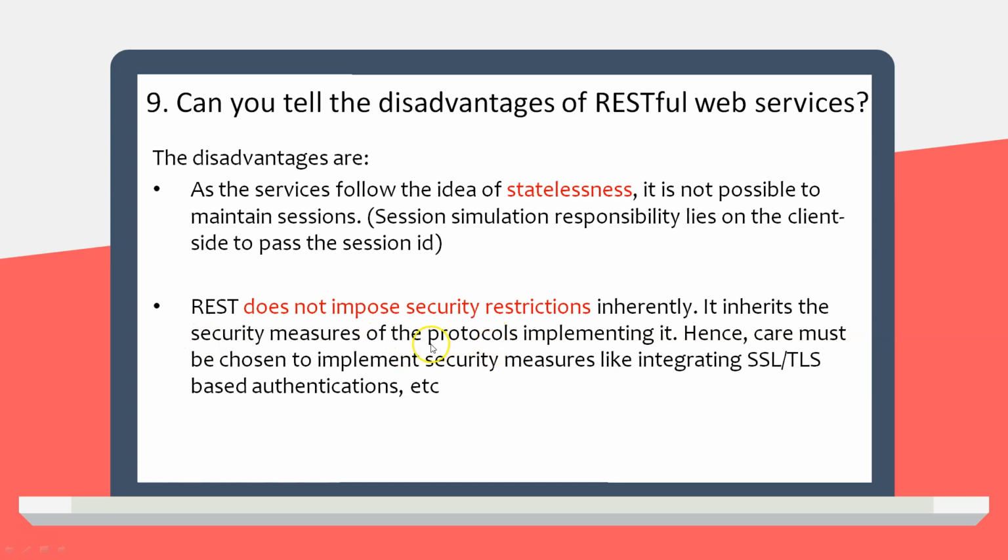But HTTP is by default not secure, so you have to make use of HTTPS. Apart from that, you have to write your own code to secure your data, like making use of Spring Security or any other way to protect data. But the point is, it's your responsibility to provide security to your data. By default, REST does not impose any security restrictions.